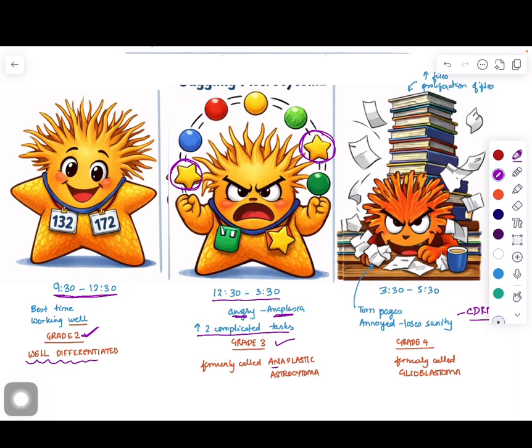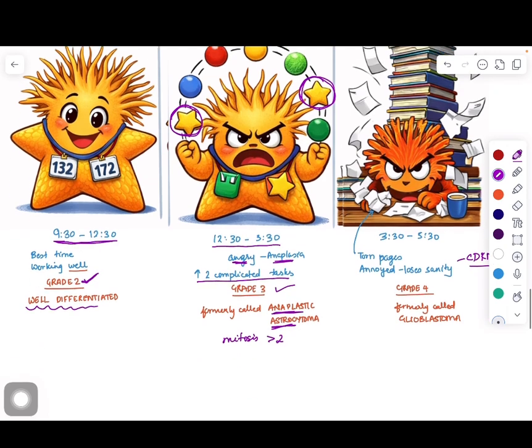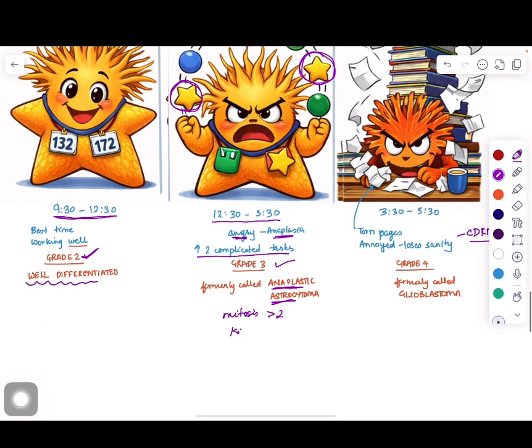Grade 3 was previously called anaplastic astrocytoma. The work that increases, that is more than 2 stars that I've shown, is nothing but the mitosis here is more than 2. Also the Ki67 index here is around 5 to 10%.